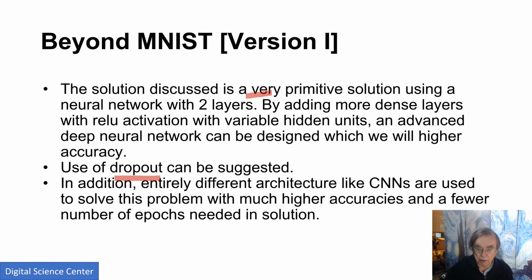But I say that probably the most important thing to do is to look at other architectures, such as recurrent or convolutional nets. With convolutional nets, the most natural, as this is an image problem. Okay, that's it for this very simple example. Have fun. Thank you.